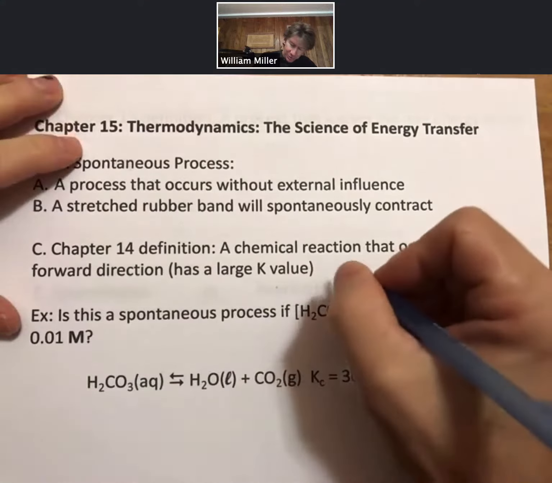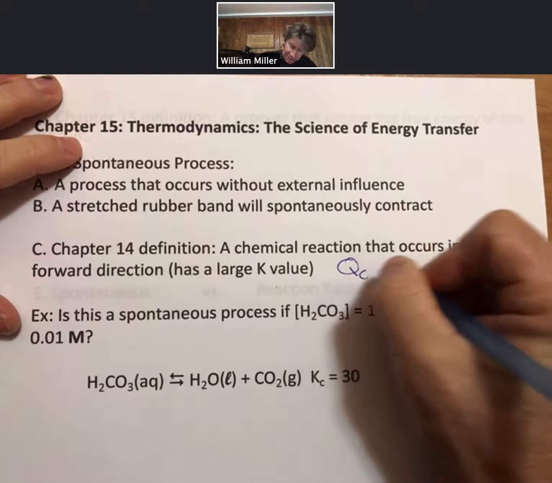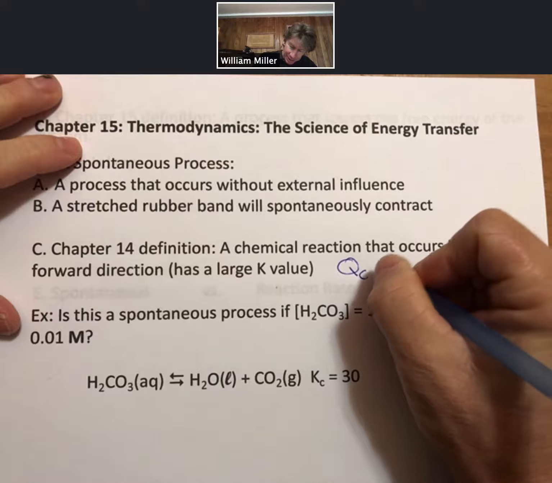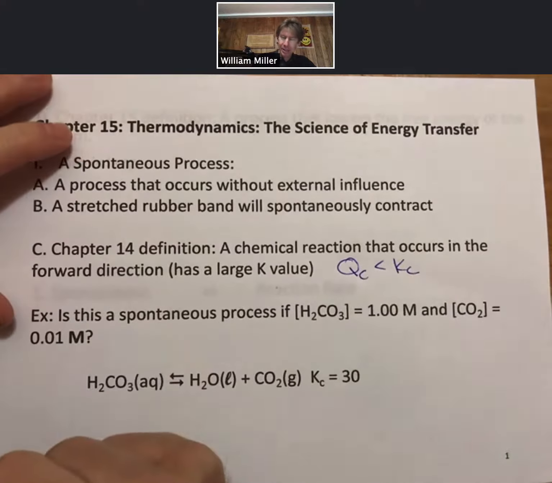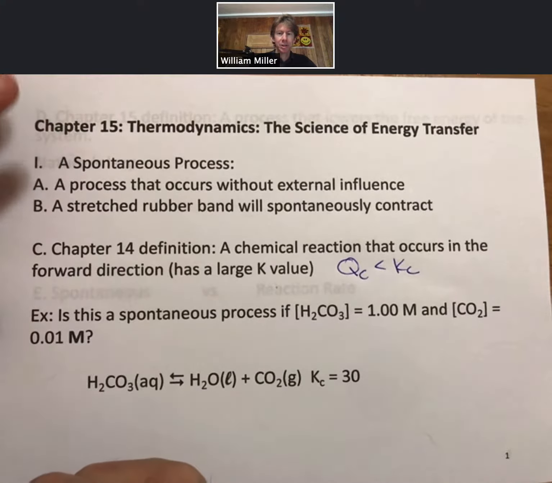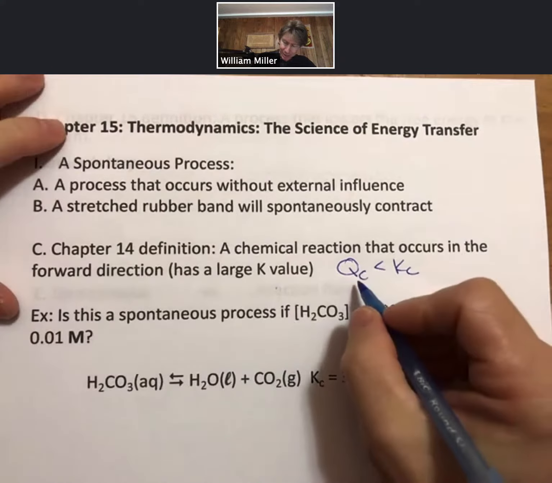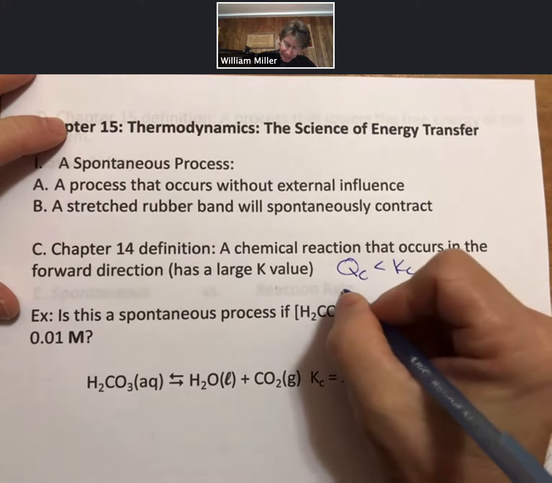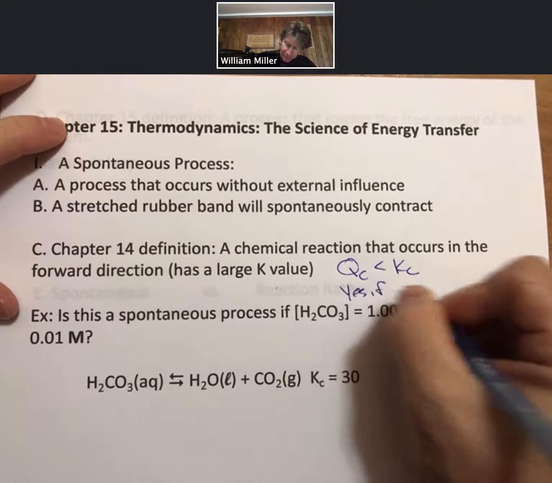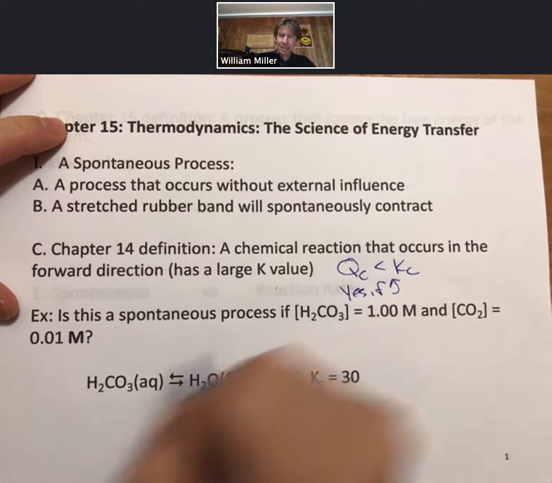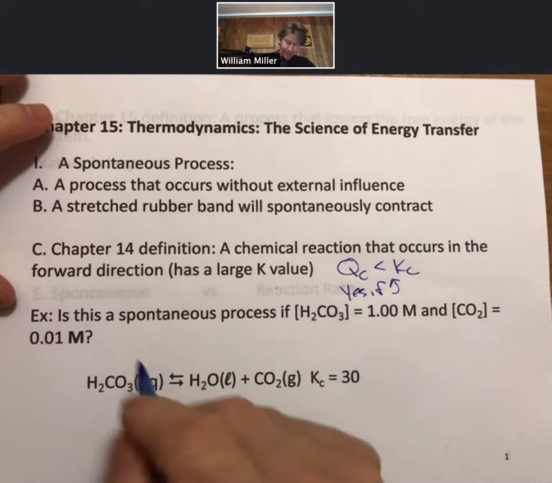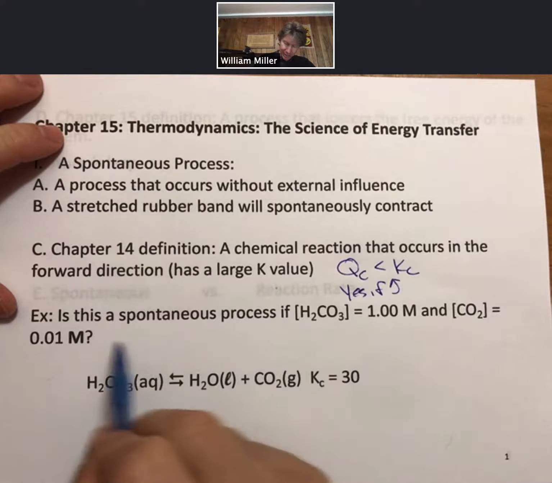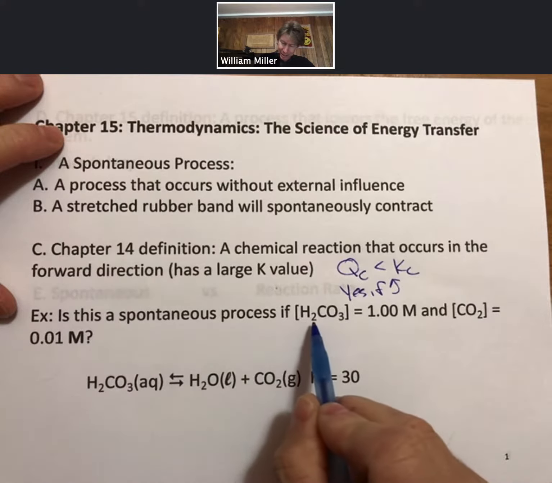Remember, our for sure test is Qc less than Kc. So will a reaction happen in the forward direction? Yes, if Qc is less than Kc. Now, in light of that, is this a spontaneous process?